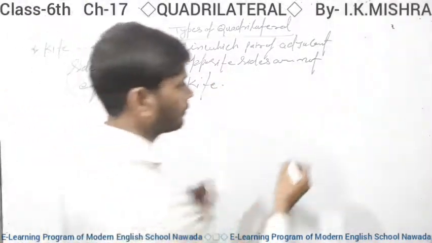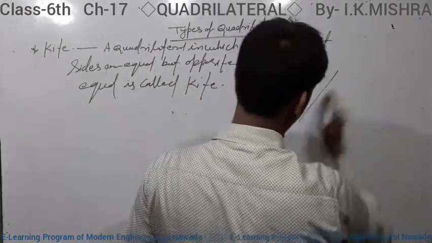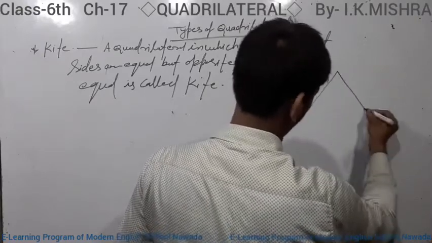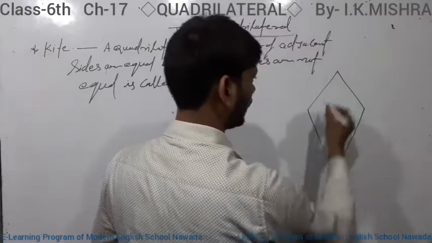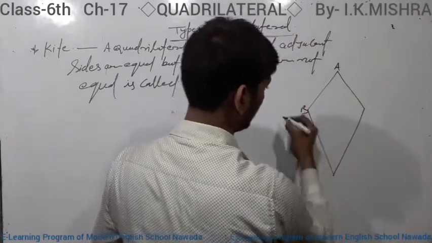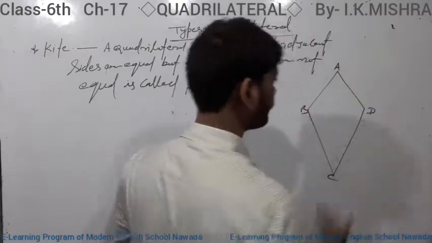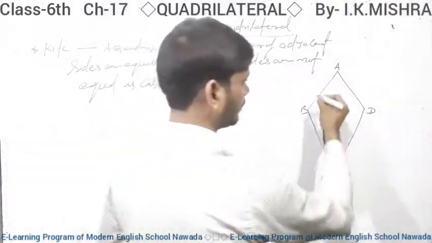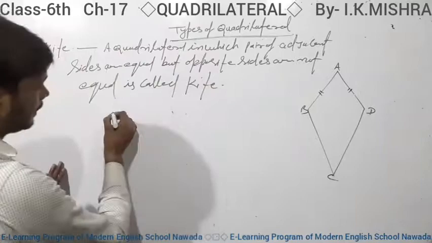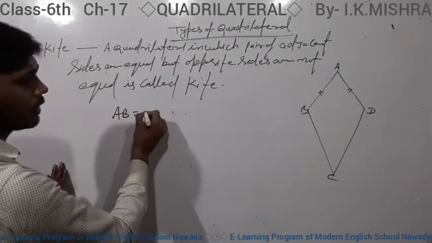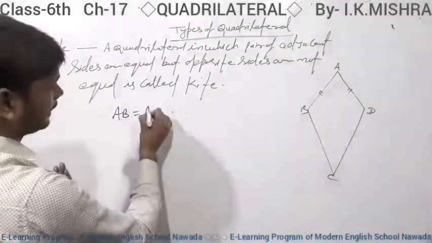Students, observe here. I draw a figure. Here A, B, C, D. Here in this figure AB is equal to AD.